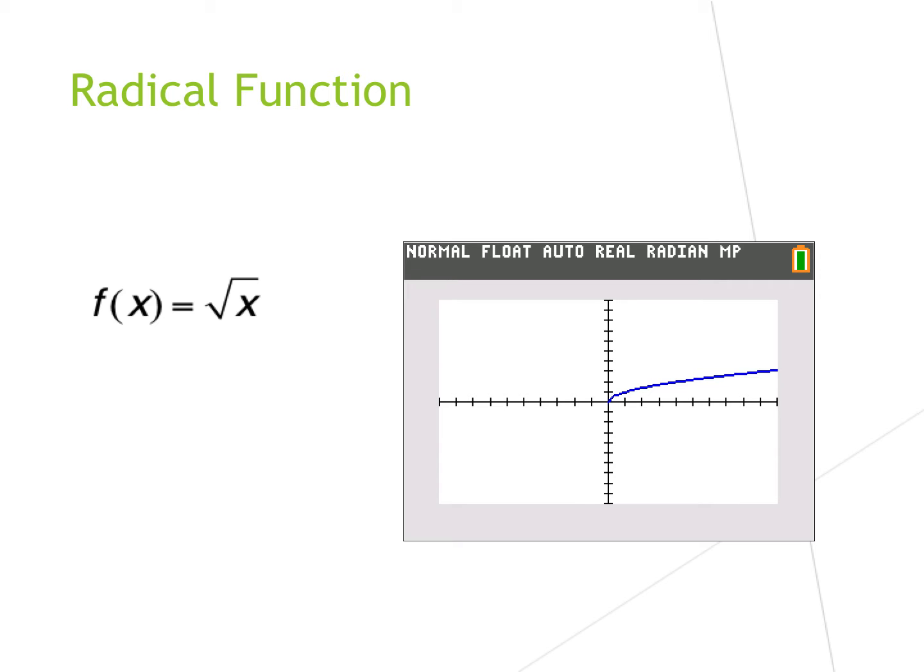Now, if we look at a table of values for this, and we just think about some of the nice values that have nice whole number square roots, we can get a sense of why this looks the way it does. So if I plug in a 0, the square root of 0 is equal to 0. That gives me this point right here at 0, 0.